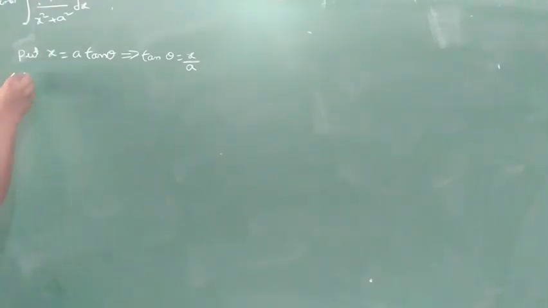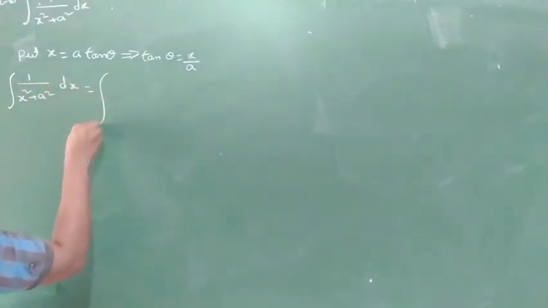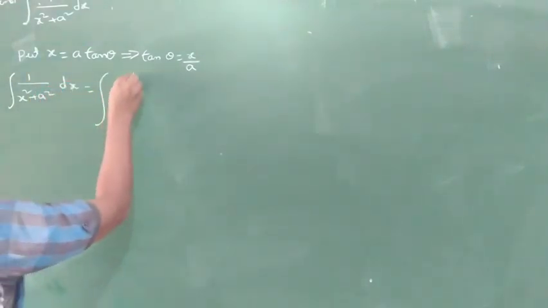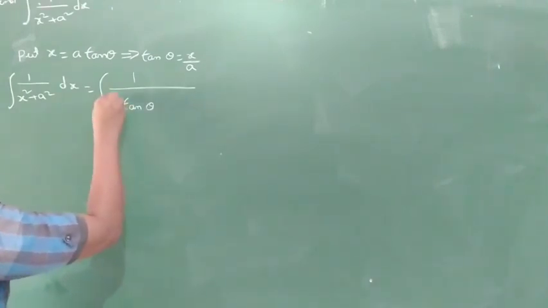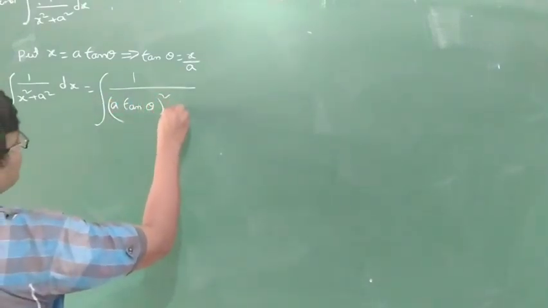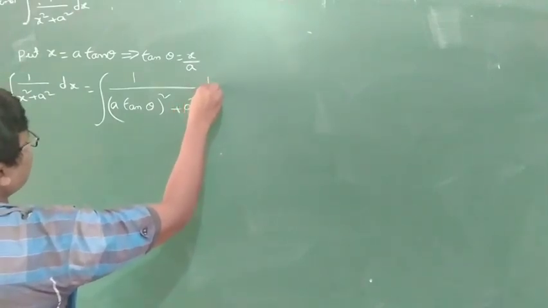So integral 1 by x square plus a square dx is equal to integral 1 by x square. What is x? a tan theta. Instead of x, a tan theta whole square plus a square as it is, dx.